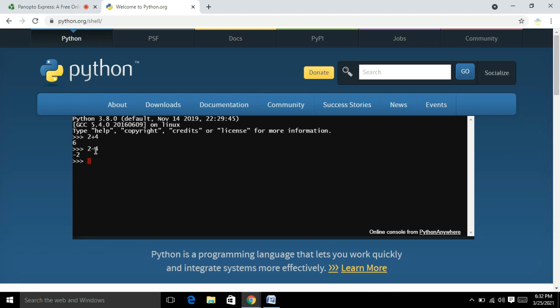For this instruction also the same thing happens. 2 minus 4 is read by the interpreter, evaluated, and then executed. When the execution is completed, the result is printed, and the Python interpreter is ready for taking the next instruction.